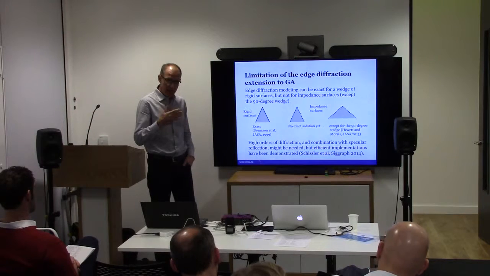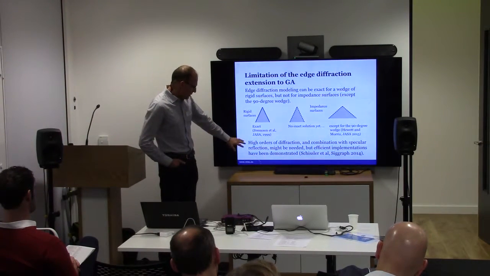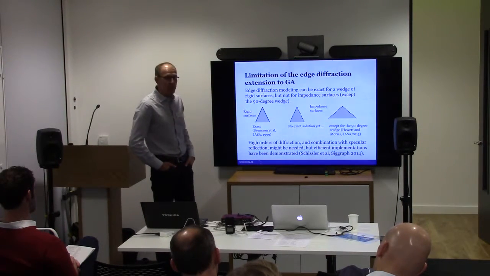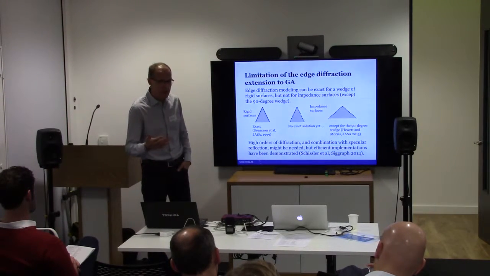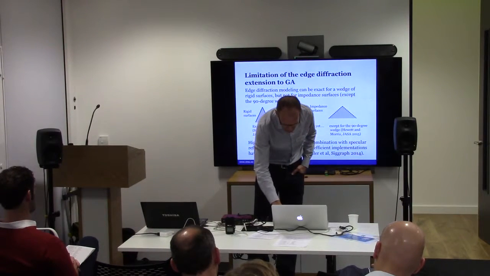That is a geometric calculation aspect. And it has been demonstrated by Dinesh Manocha's group that it is possible to do efficient implementations of high order diffraction and specular reflections.